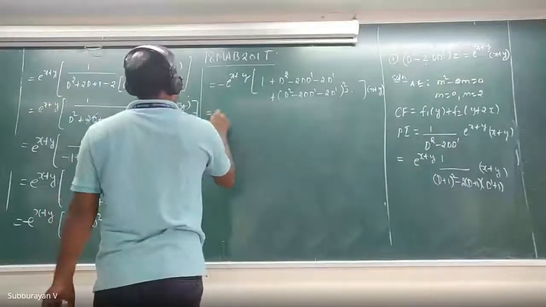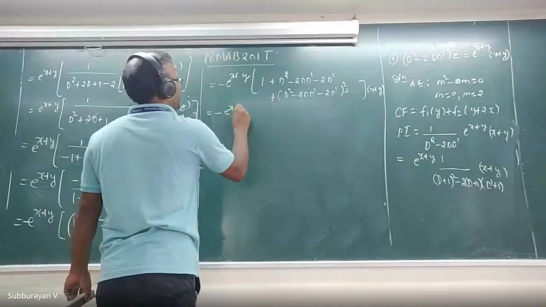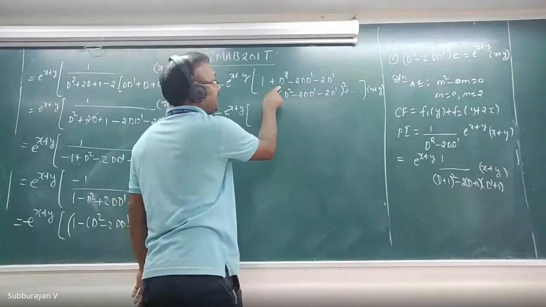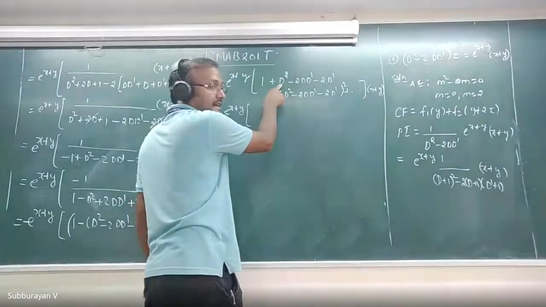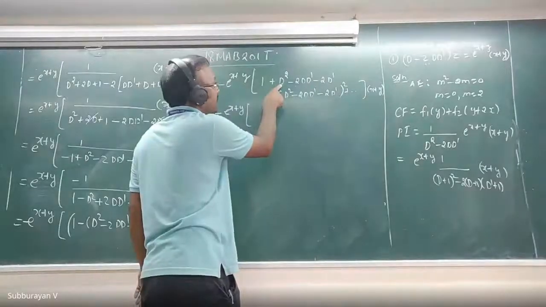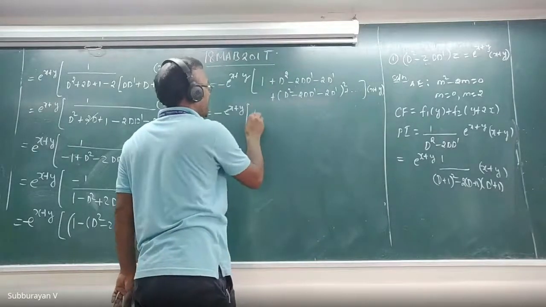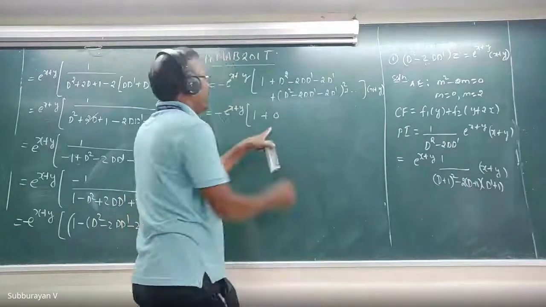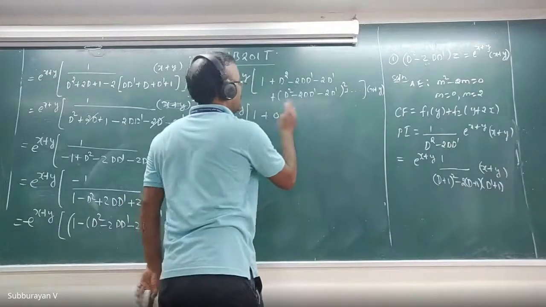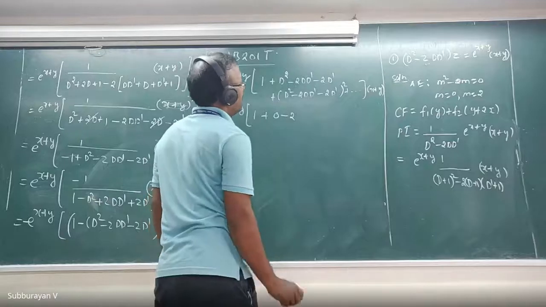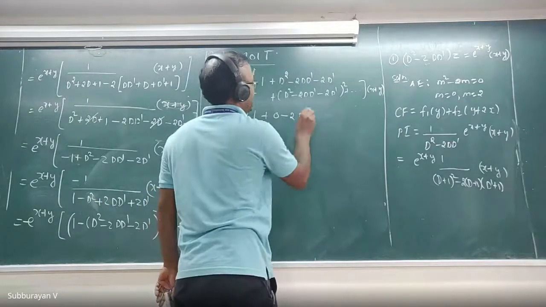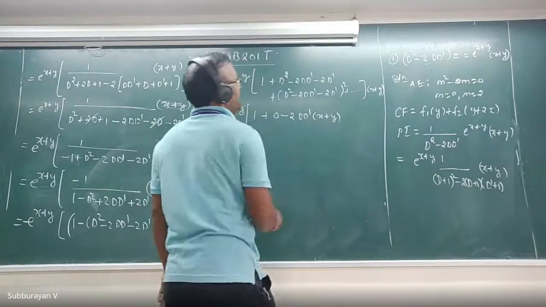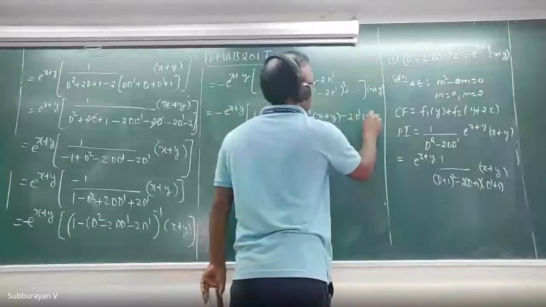See, this is equal to minus e power x plus y. And then look at this. This is a second order derivative with respect to x. Therefore, it will not contribute anything. 1 plus 0 minus 2 into D dash into x plus y, minus 2 into D dash into x plus y.